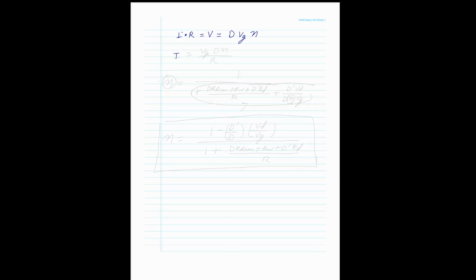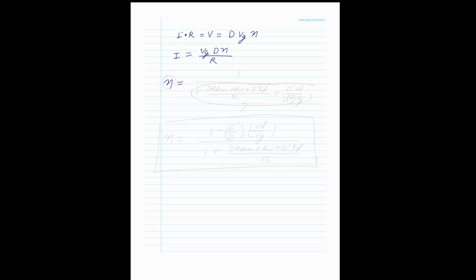I can say that I now is going to equal V sub G D efficiency divided by R. And then I could put that back into the equation for the efficiency here.